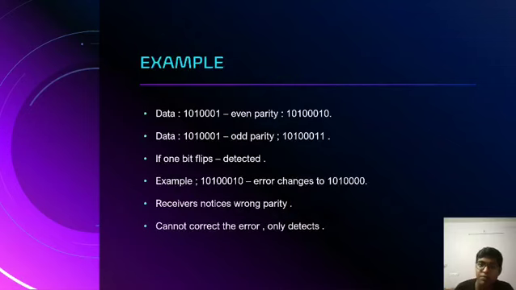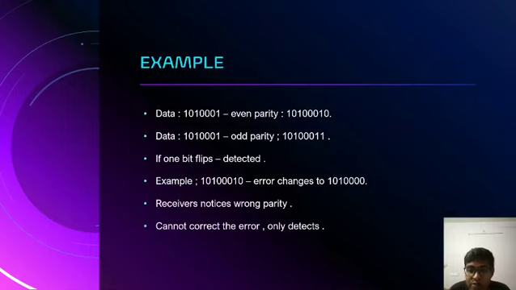For example, if the data is 101001, for even parity we add a 1 to make the total number of ones even, resulting in 10100011.